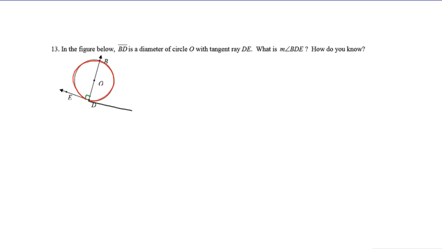And these angles have to be congruent because they make the exact same size arc, and they have to be supplementary because they are a linear pair on this tangent line, and the only angles that are congruent and supplementary are right angles.